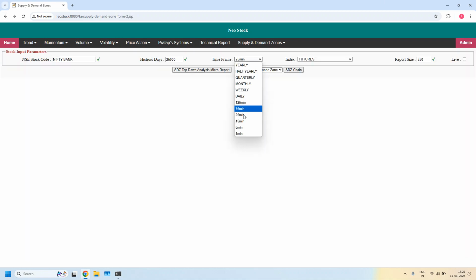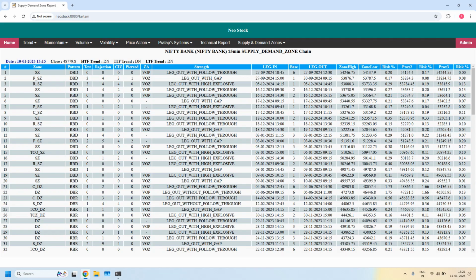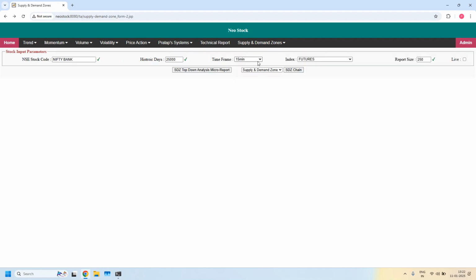Next, 15 minutes supply demand zone chain for Bank Nifty. Next, 5 minutes supply demand zone chain for Bank Nifty.